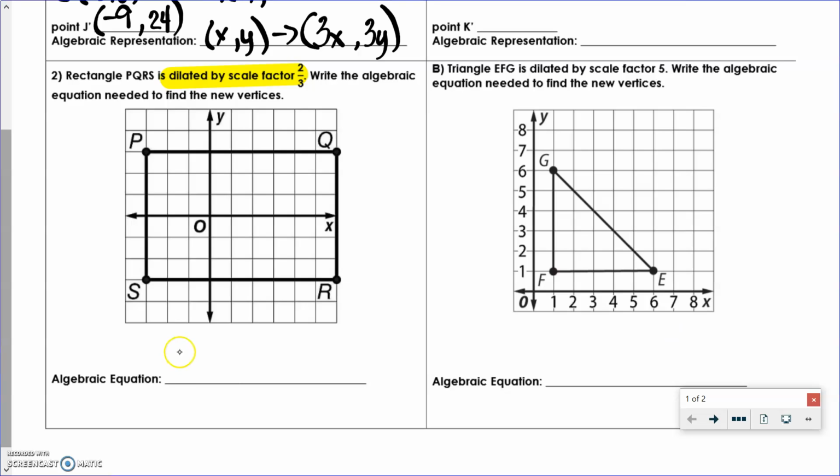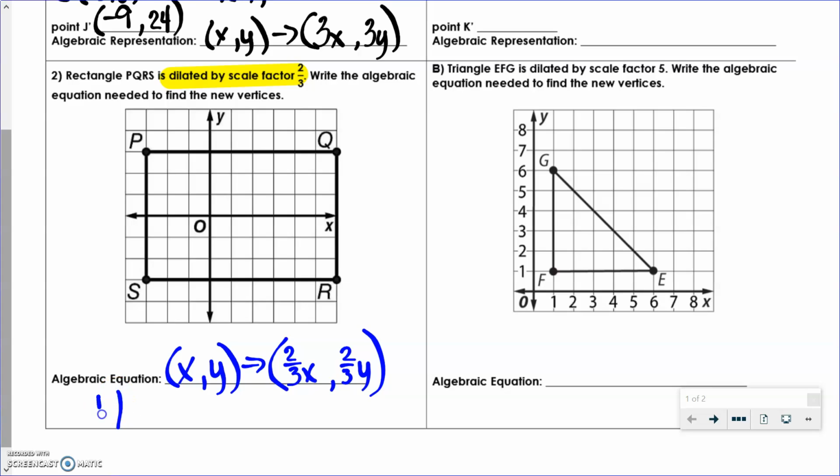So arrow notation, x comma y, 2/3 times x and 2/3 times y. And our scale factor is 2/3, so it's less than 1 but greater than 0, so we know this is a reduction.